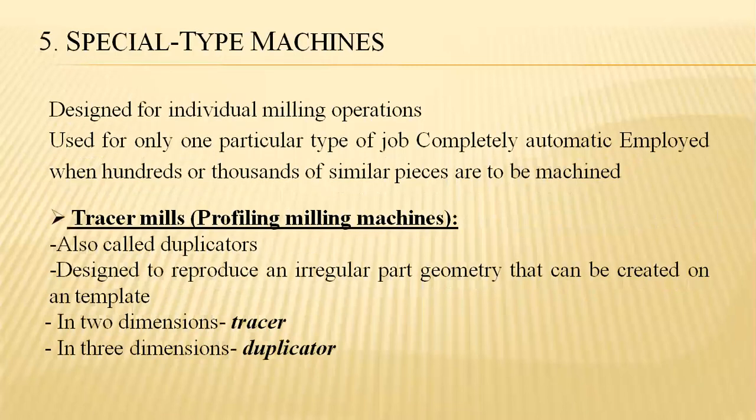Coming to the special type of milling machines. So what are the specialities that are placed as the major factors here? These are designed for precision-oriented object preparations, designed for individual milling operations.